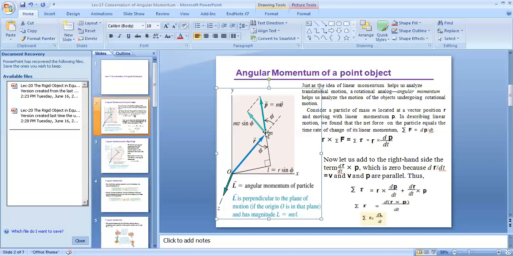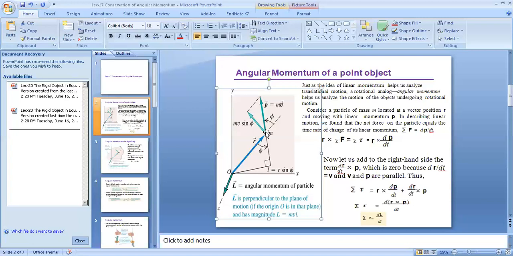Then to find the cross product r cross p, we will have to place our right hand with straight fingers on the vector r, and we will curl the fingers of the right hand into the direction of the second vector, which is the vector p.